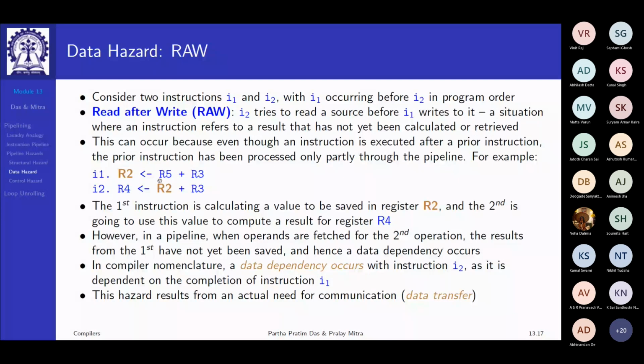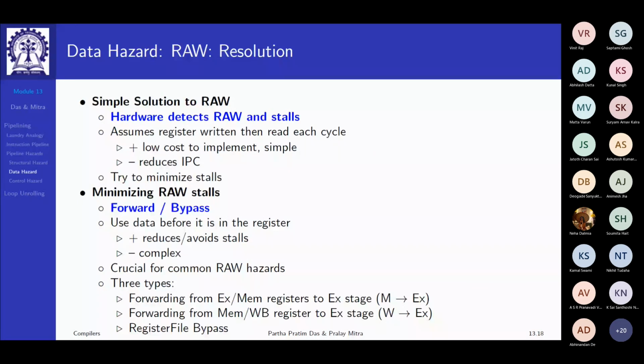That is, the value that the ALU has after this addition, if we can put a bypass path to bring it in here, because that is what is going to be the value of R2. If we bring it in here, then we will not need to wait till R2 has been written back. So that's the basic idea of forwarding or bypassing. It's also called shortcuts. Right? So there could be forwarding from the execute memory registers to the execute stage, or the memory write back register to the execute stage, and so on.